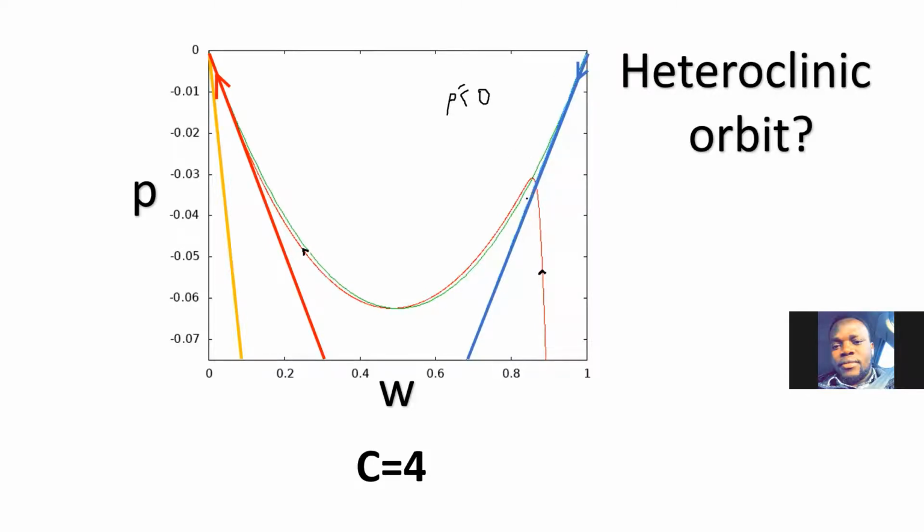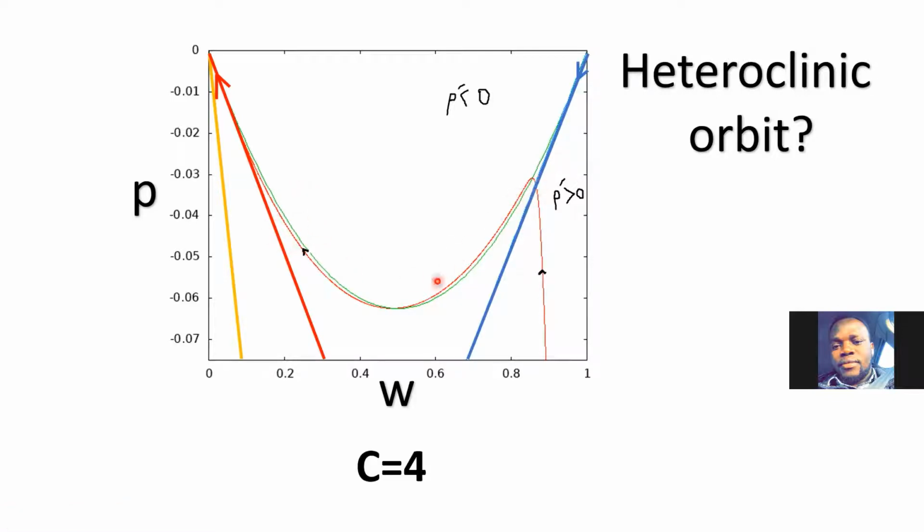But it cannot cross this green line because the derivative here with respect to P is positive. So I'm stuck in this region, but what I can do is cross it somewhere, so the trajectory can cross somewhere here.